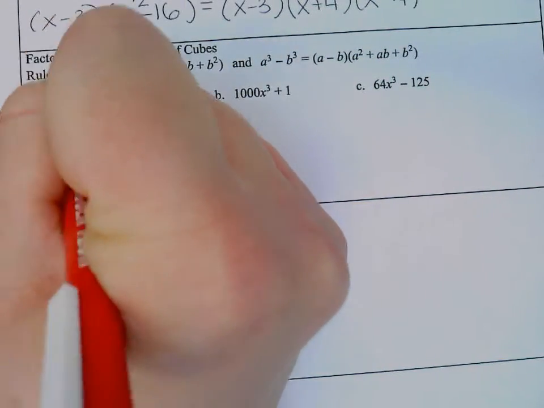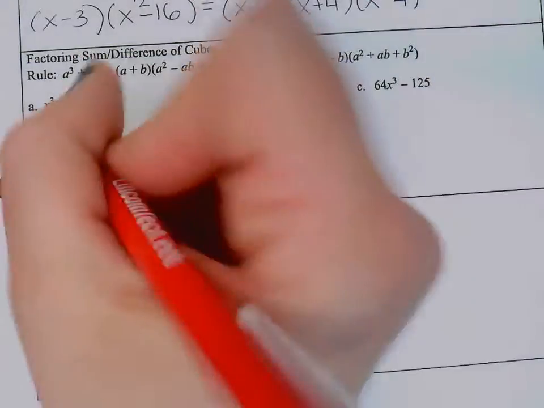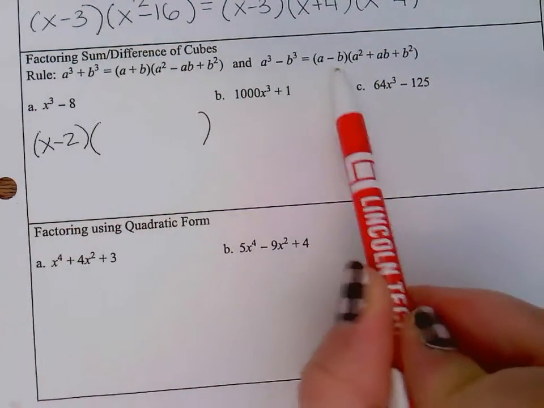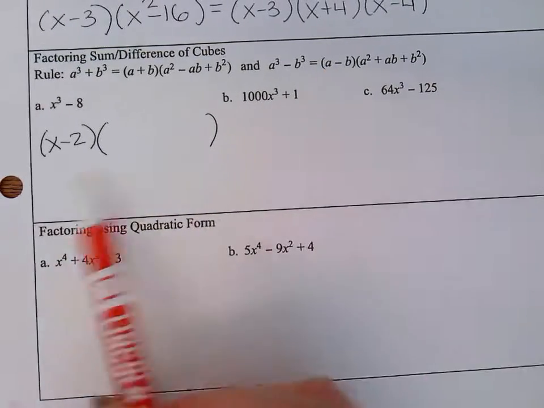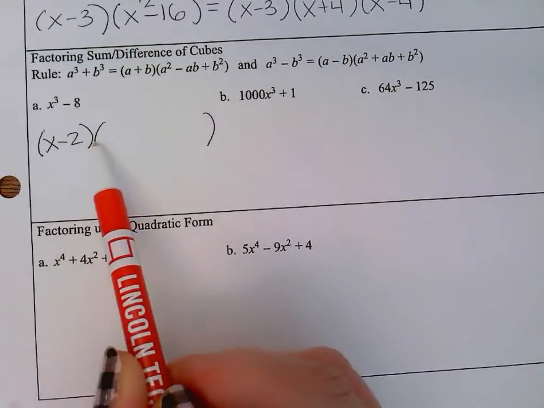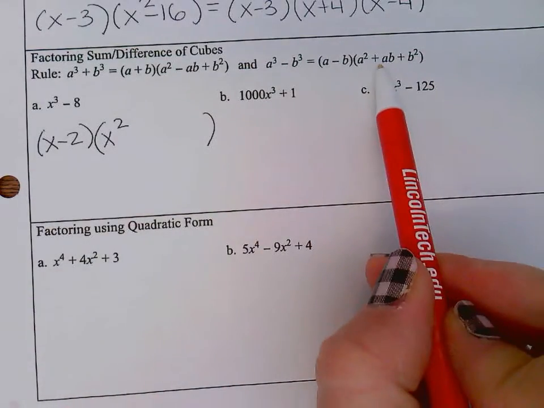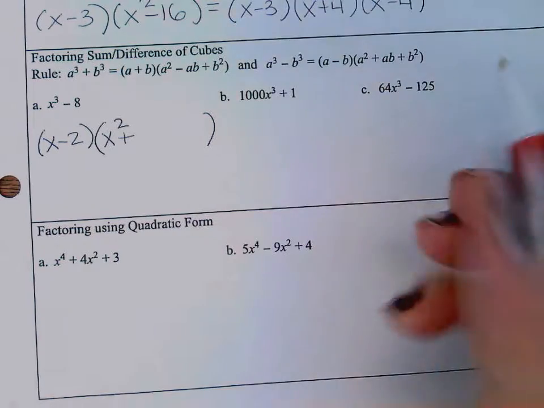X minus 2 is the cube root of each of those terms. And then once you know the cube root, what does the formula say to do over here? Whatever a is, for us that's x, it says just make that a squared. So we're just going to make this term x squared. And then the formula says put a plus sign. So I put a plus sign.